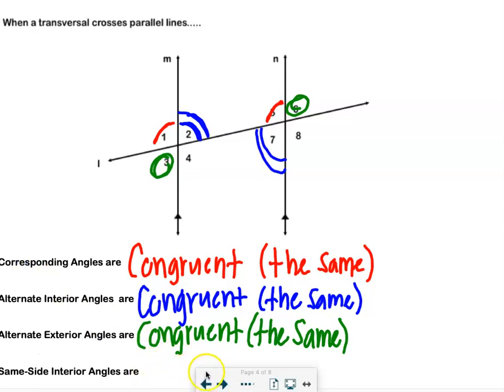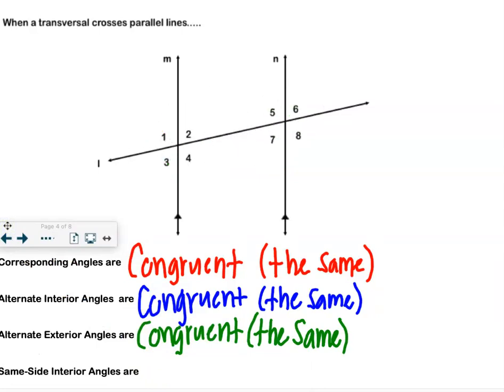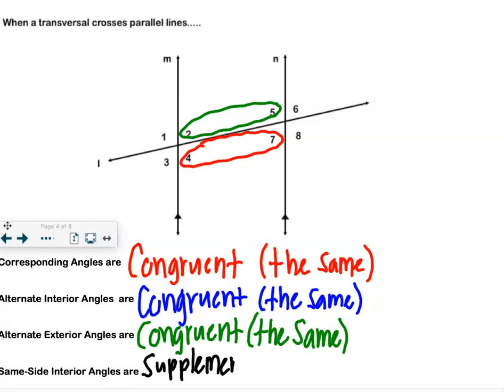So we found that same side interior angles weren't congruent, but these two angles here and these two angles here were supplementary. They added to 180. So supplementary. Add to 180.